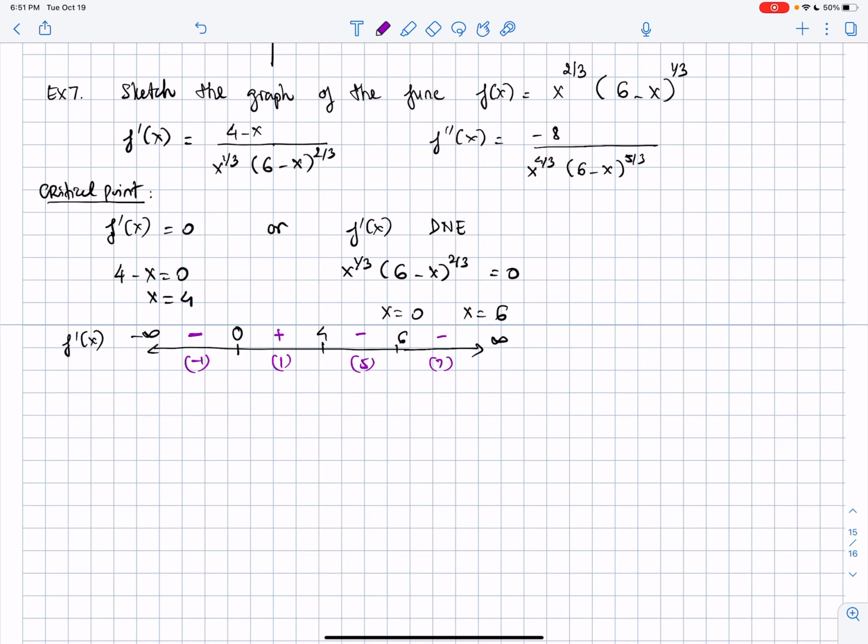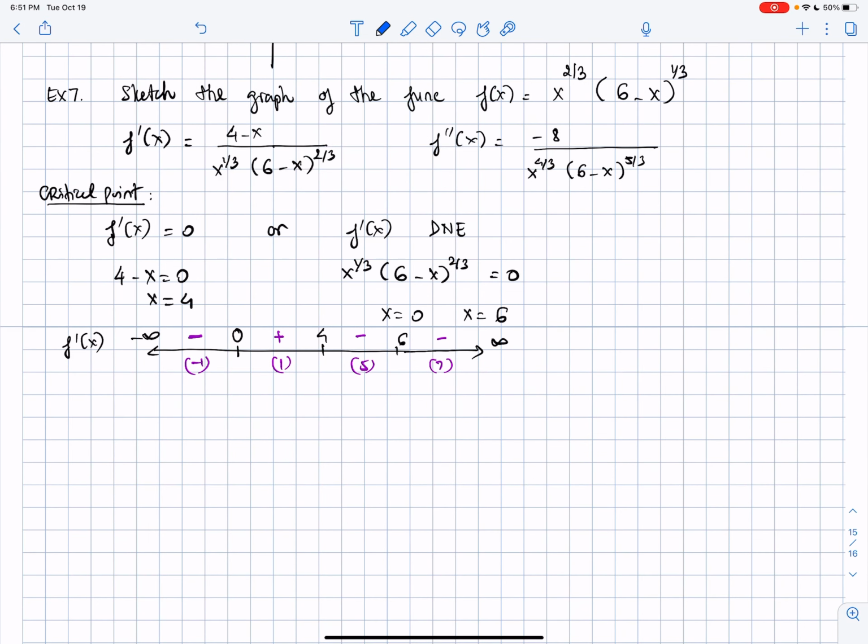So what this means is that the slope of the tangent line, which is f prime of x, is negative, so the tangent line goes down, then up, then down, and then down again.